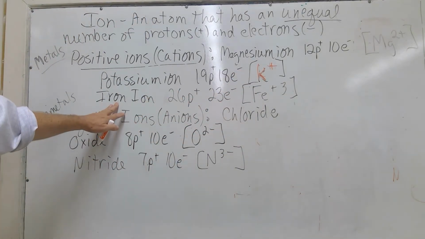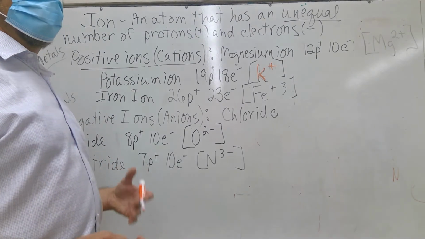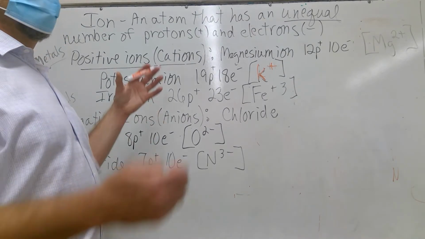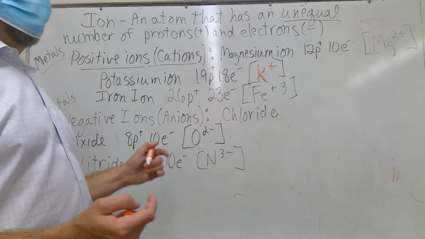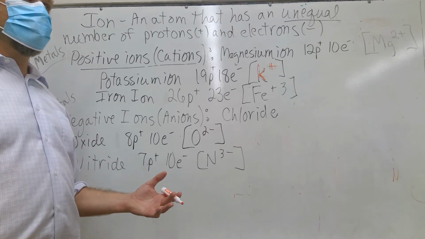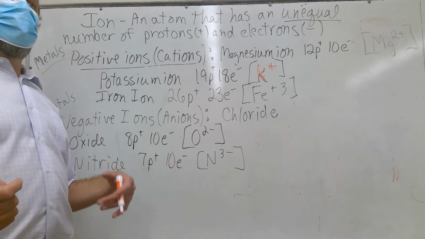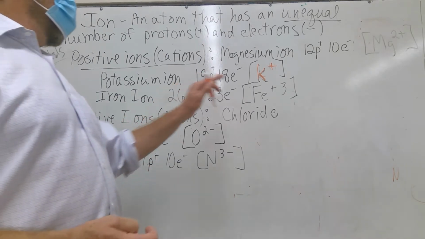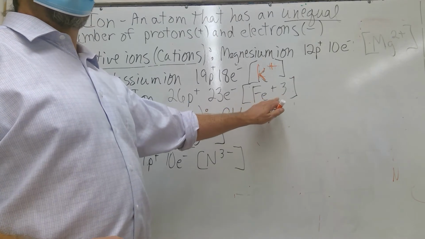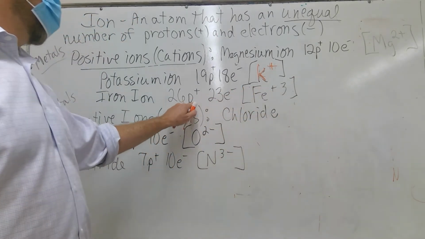The iron ion. Iron metal, like the kind that you see in so many pieces of machinery, is a bunch of atoms that have 26 protons and 26 electrons. However, most of the time in nature, such as iron sulfate, which we call rust, or iron chloride, or many other common compounds, iron loses 3 electrons, so it has 3 more positives than it does negatives.